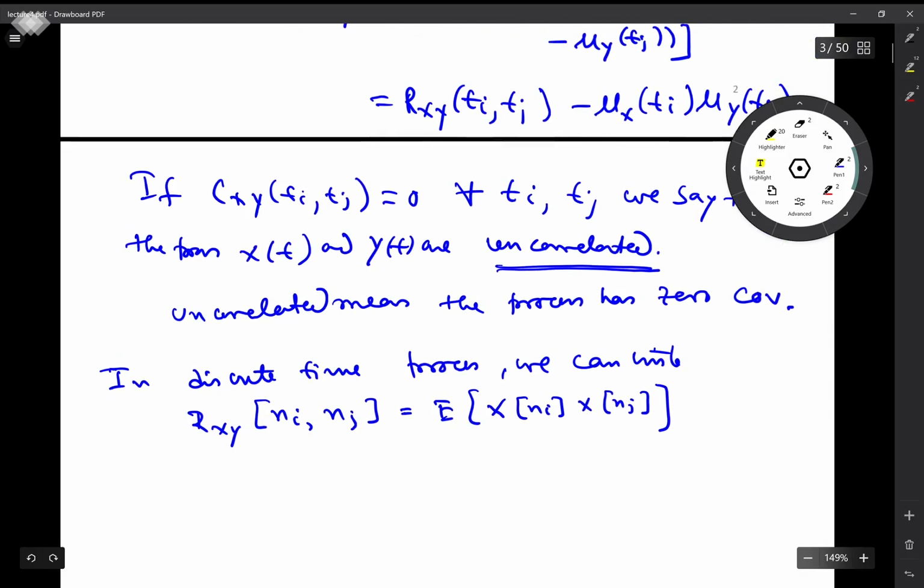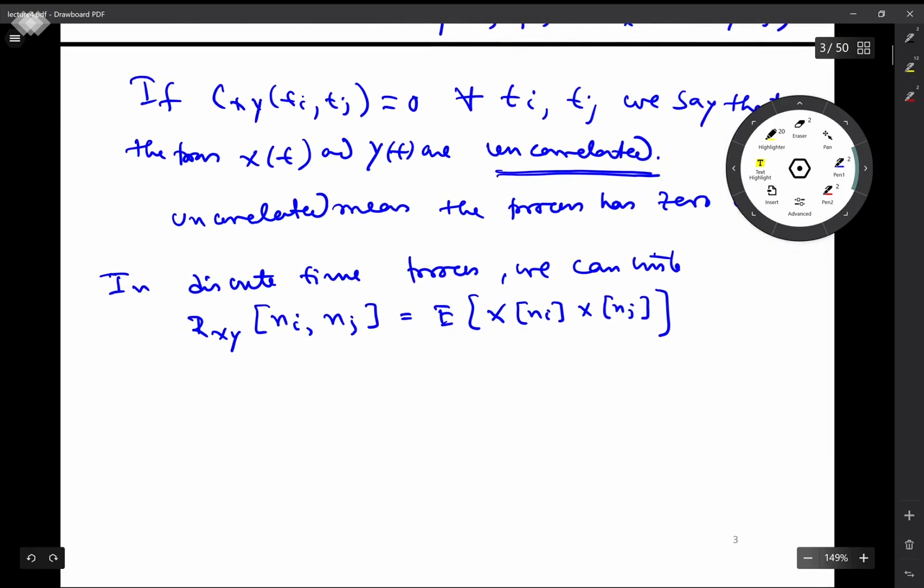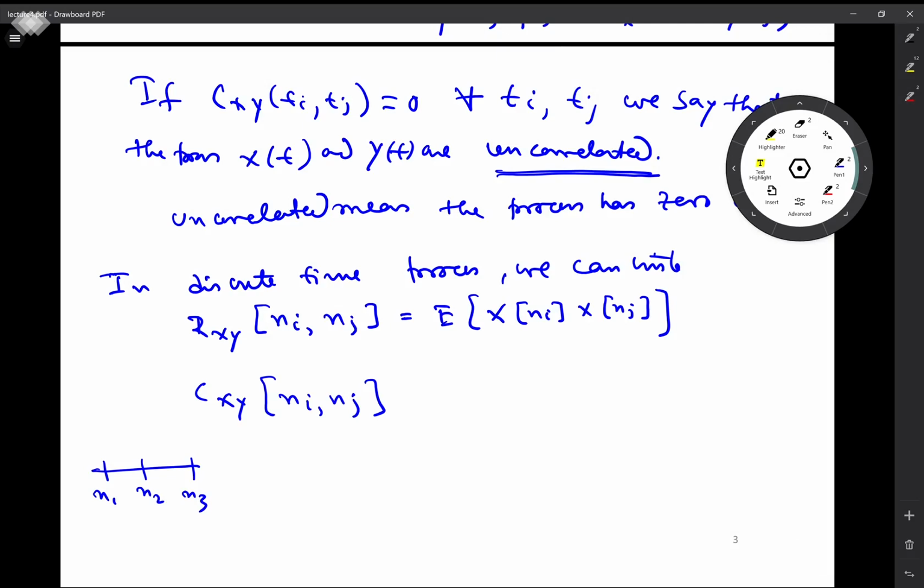Okay. Similarly, we can write Cxy(ni, nj). Here ni, nj means like this: n1, n2, n3. We don't have all the time because it's discrete time, so we have n1 time, n2 time, n3 time, like this.